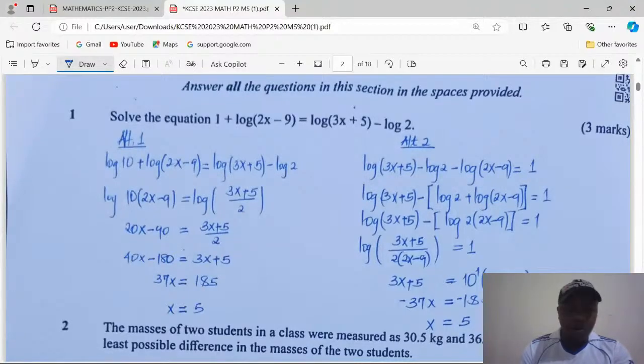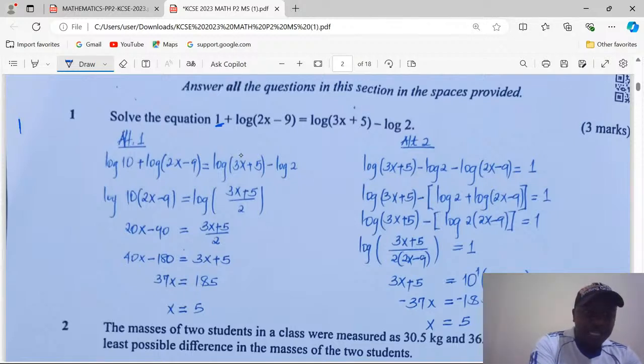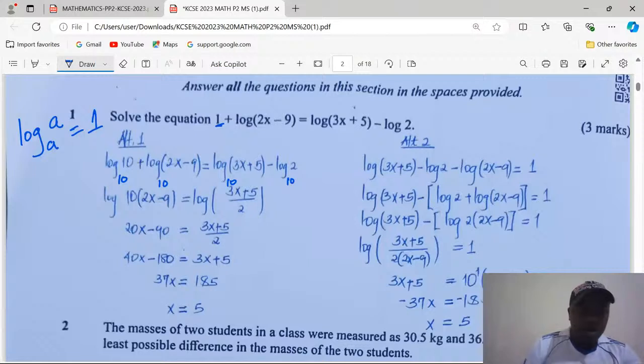So when you look at the first solution, instead of 1, we can apply the law of logarithm, which says that the log of a number to the same base is given by 1. Therefore, we apply the log to base 10 in this equation, such that when we write the log of 10 to base 10, the value of 1 is not affected.